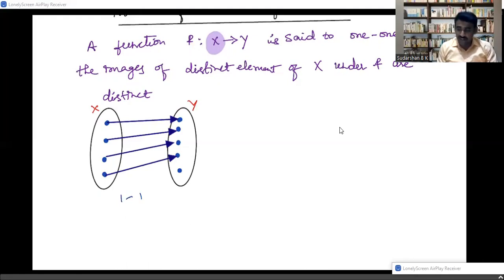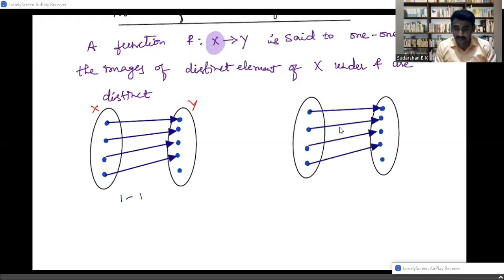But if we take the mapping where two elements are mapped to the same element, so many elements have one image, like two elements have one image, it disobeys the condition of a one-to-one function. Therefore, it is not a one-to-one function. Hope you understood what is a one-to-one function.